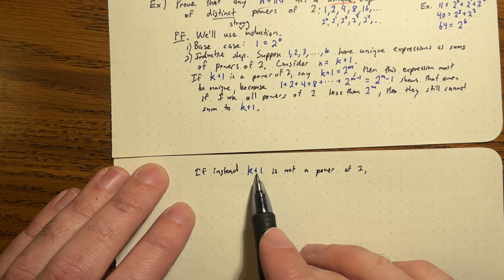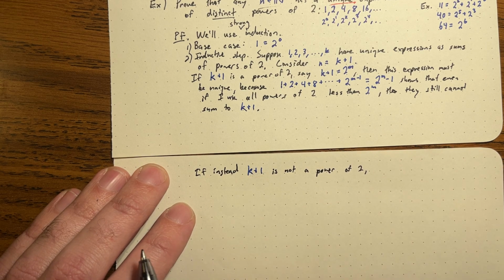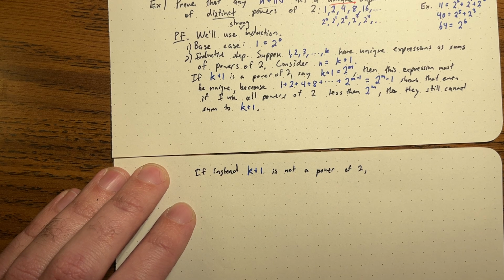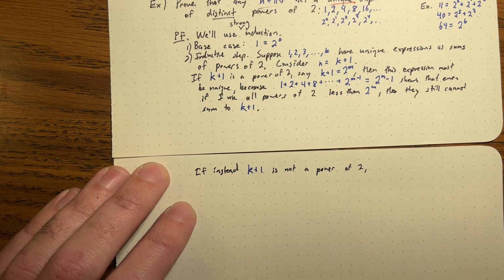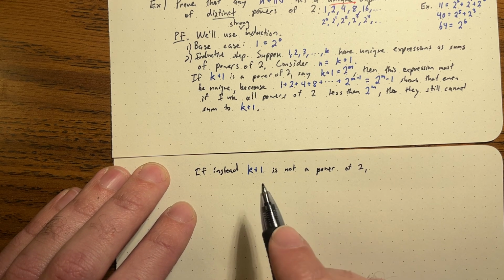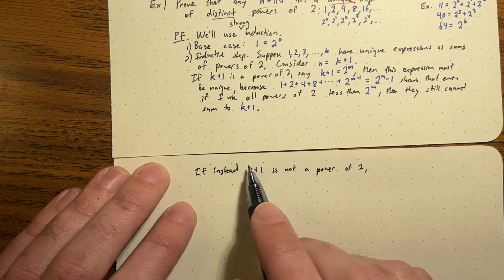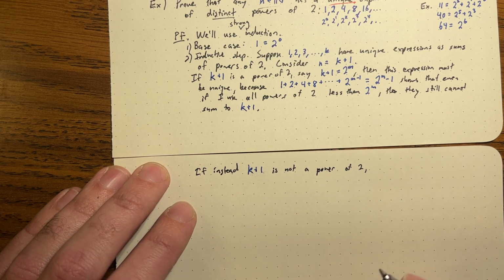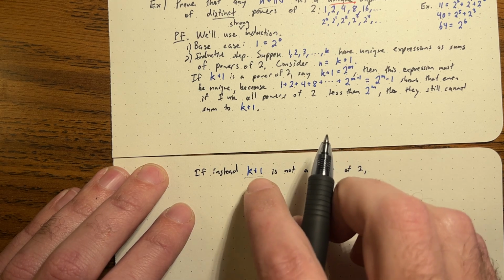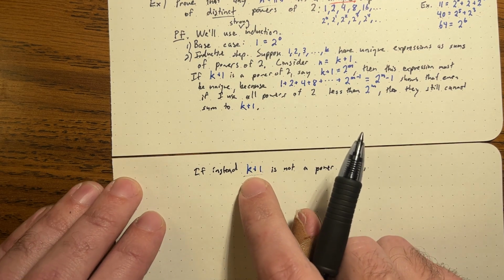But again, I don't know what this has to do with the case of k, right? So if it's not a power of 2, well, let's take the biggest power of 2 less than this. And we'll guess that that's included in the arrangement for this. We'll try to confirm that in a bit. But let's guess that the largest power of 2 less than this is going to be included in this arrangement.